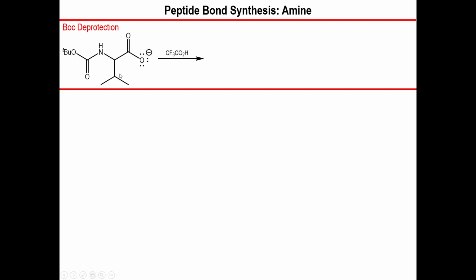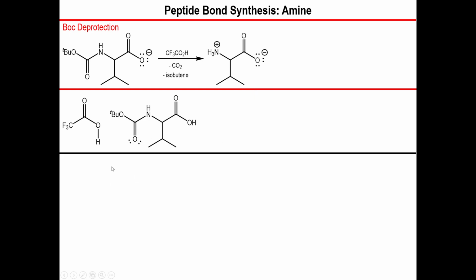Now, as far as removing the Boc group, what you do is simply add trifluoroacetic acid, which will ultimately remove isobutene and CO2 while yielding back your free amino acid. So the way this happens, it should protonate the carbonyl of your carbamate.